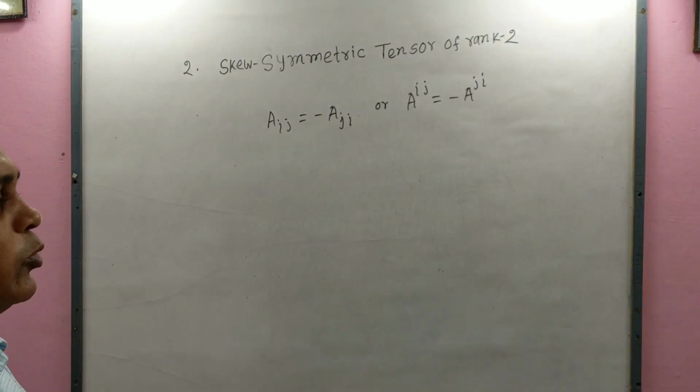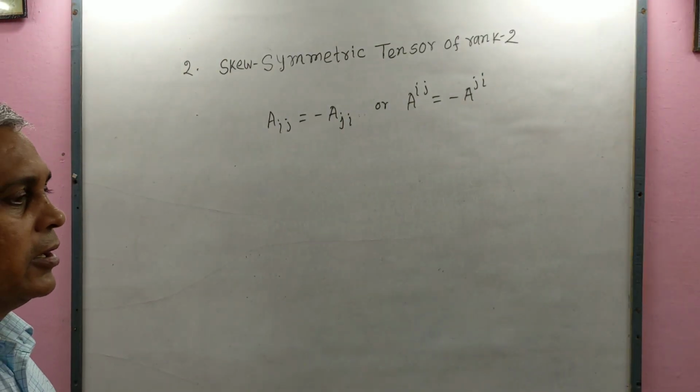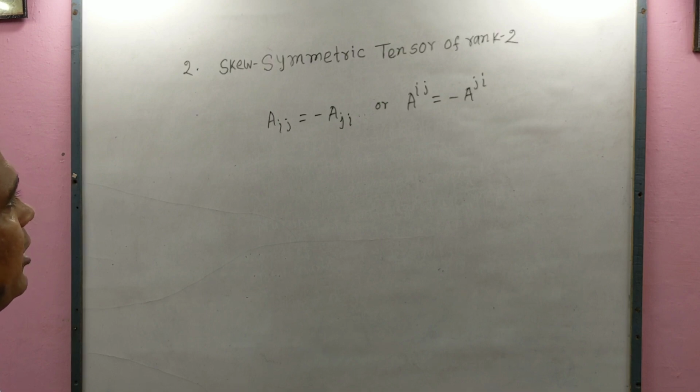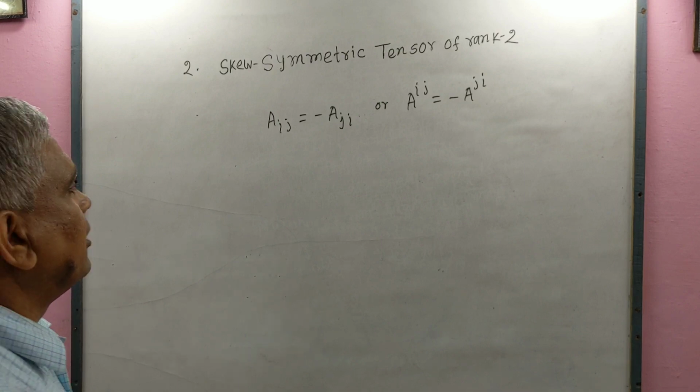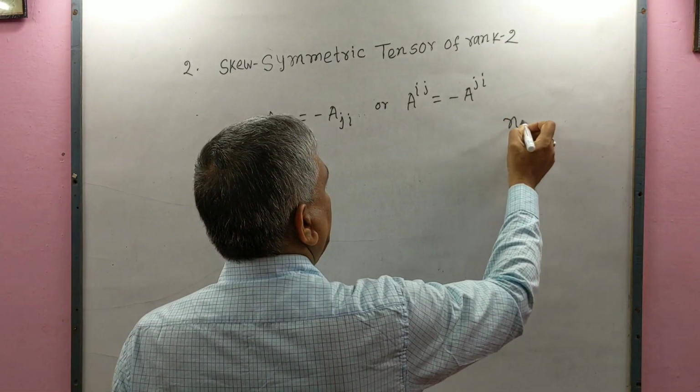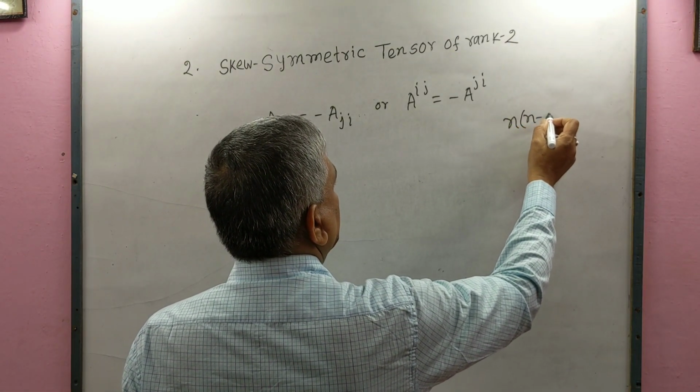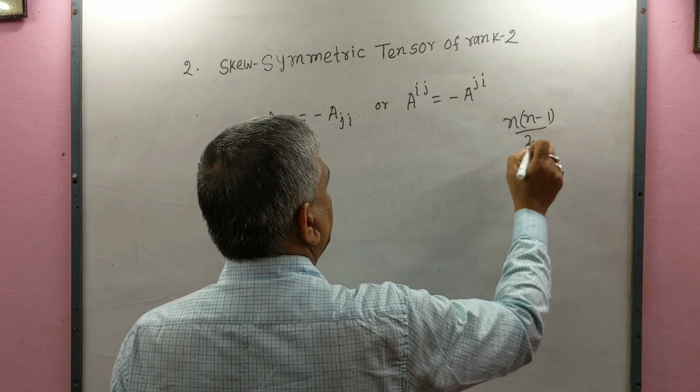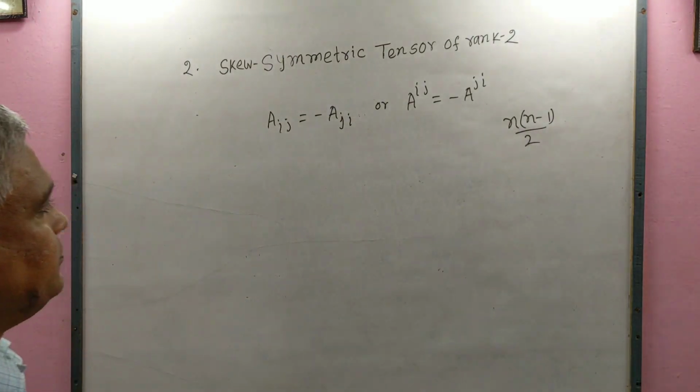Now we have to prove that the number of independent components in a skew symmetric tensor is n into n minus 1 by 2.